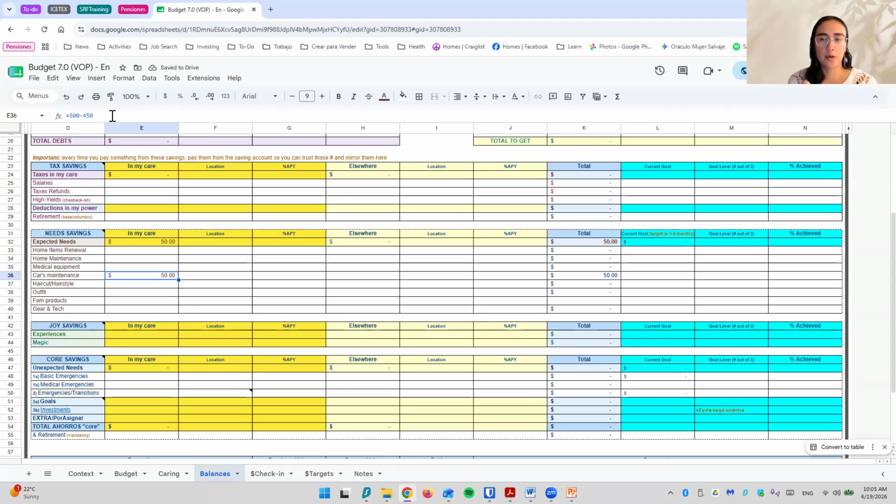And we need to have that out of our savings account and paid to the way that we pay. If we pay through a credit card, pay it back to the credit card, or if we pay directly to the maintenance provider, paid. But we also need to have these savings tracking updated.